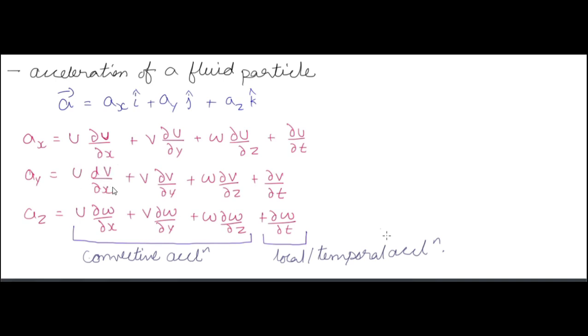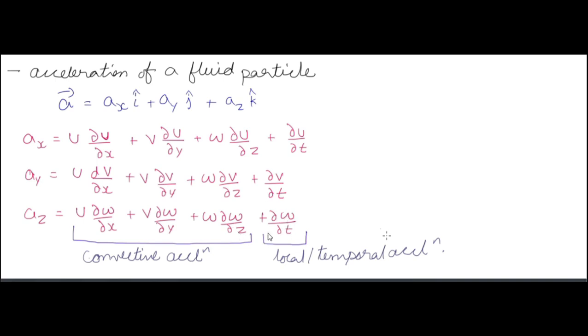plus v dou v by dy plus w dou v by dz plus dou v by dt. Similarly, az is equal to u dou w by dx plus v dou w by dy plus w dou w by dz plus dou w by dt.